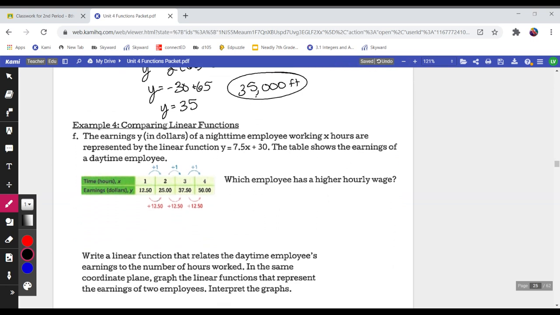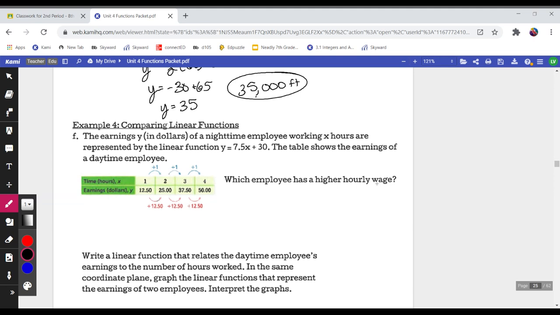Comparing linear functions. The earnings, y, in dollars of a nighttime employee working x hours are represented by the linear function y equals 7.5x plus 30. The table shows the earnings of a daytime employee. Which employee has a higher hourly wage?